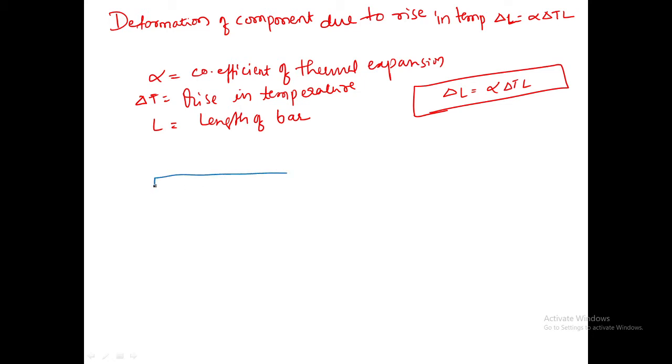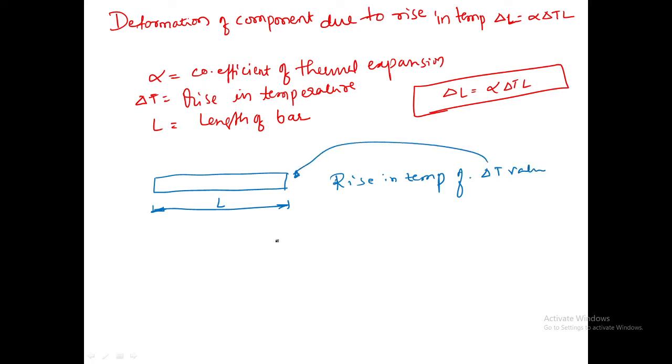Now I have a bar here. Initially it has a length L. So now I'll raise the temperature, a rise in temperature of the bar by a delta T value. Now what will happen to this bar?